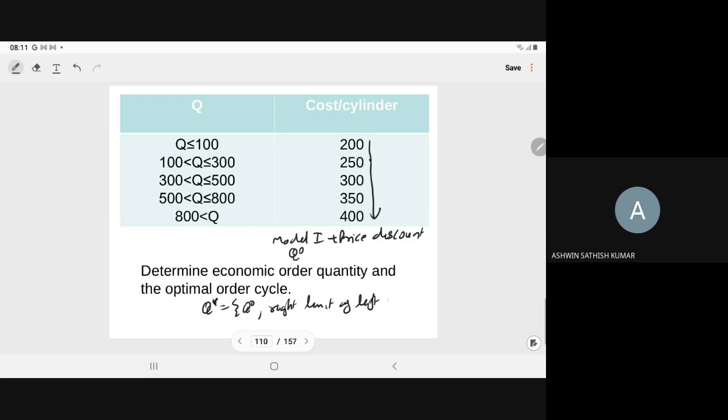With that you compute the Q star, and then you can compute the T naught star. So this is your homework, please do this.